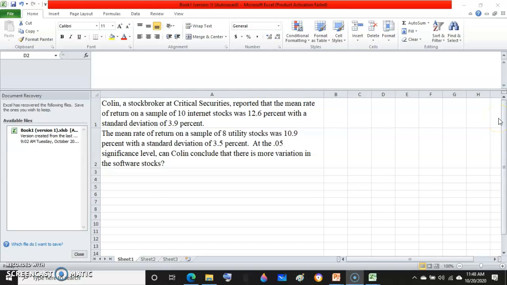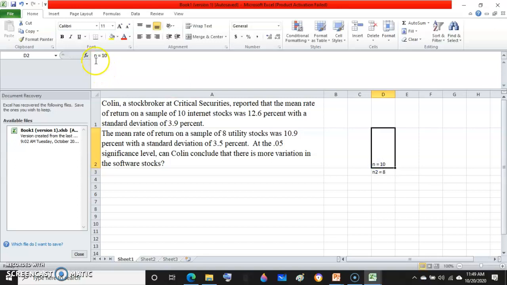Before we can solve the problem, let me show you how to find a critical value using Microsoft Excel and using a distribution table. So in this problem, n sub 1, or the first sample, is equal to 10, and n sub 2 is equal to 8.